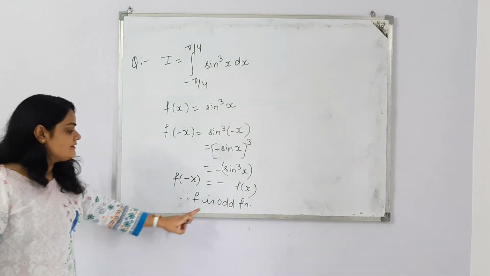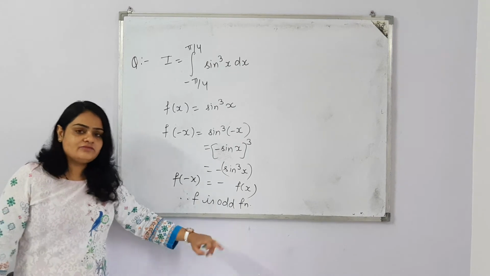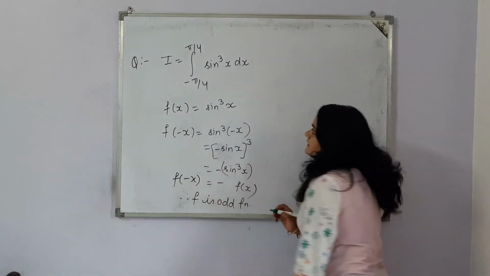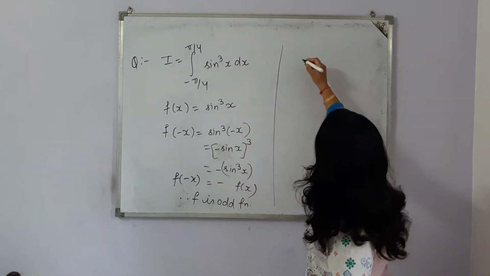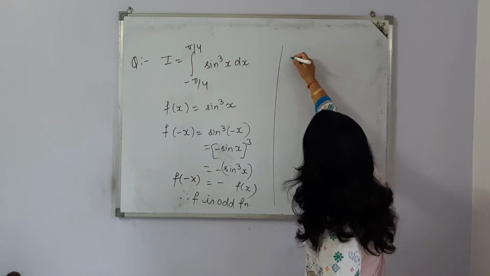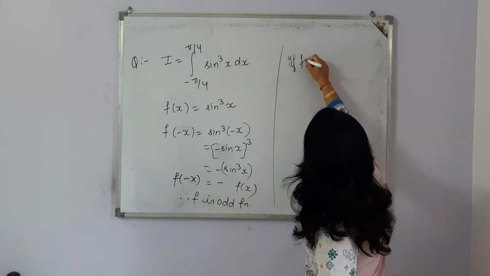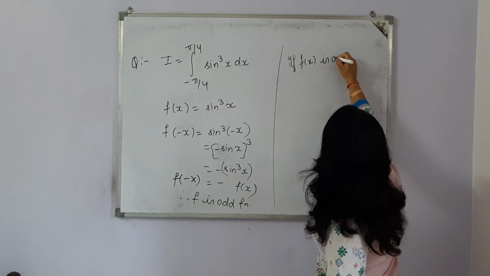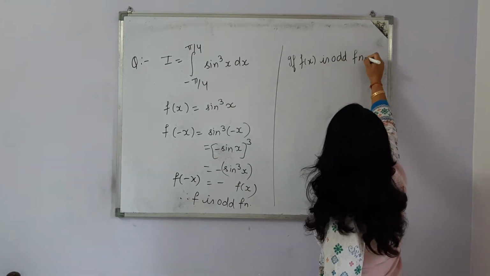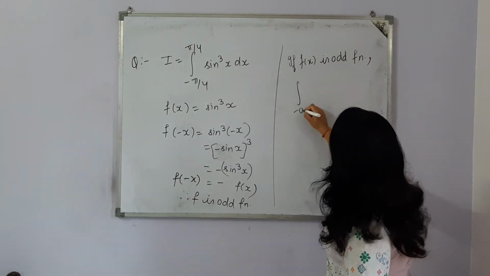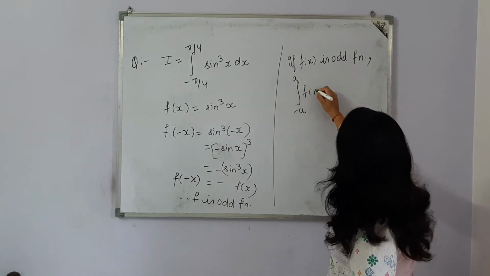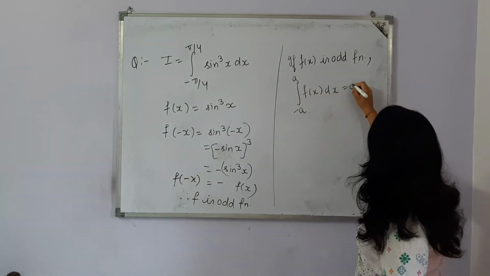If f is an odd function, then we know its answer is directly 0 with the property. If f of x is an odd function, then the integral from minus a to a of f of x dx is equal to 0.